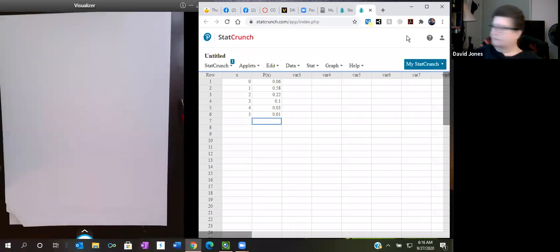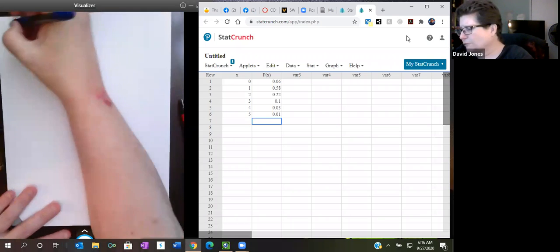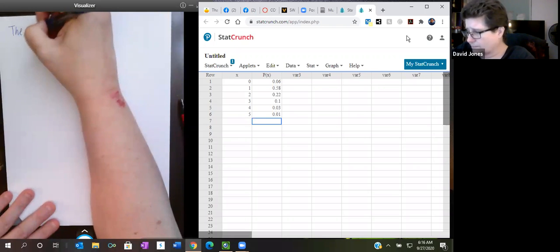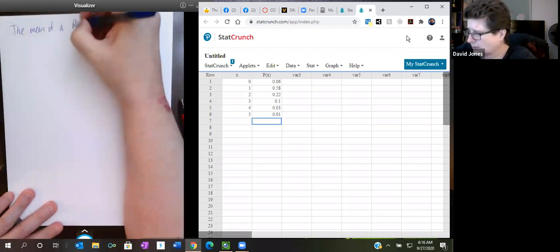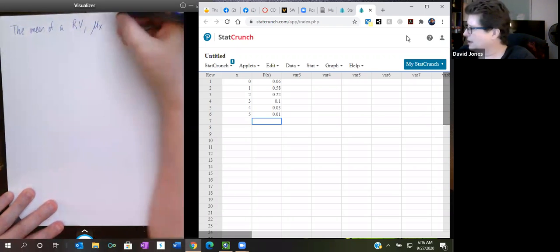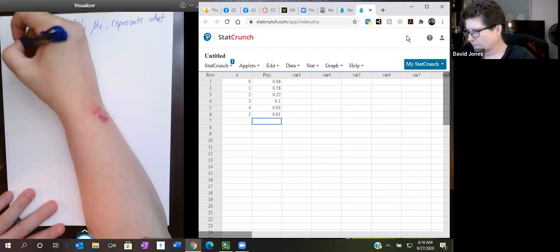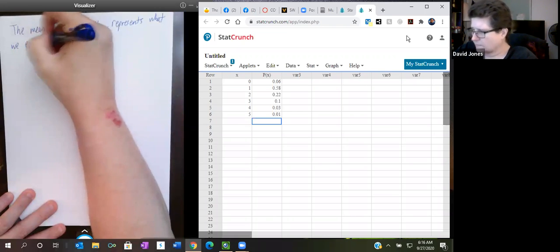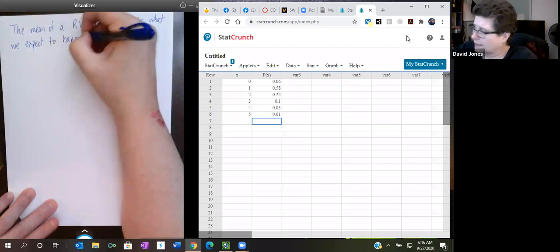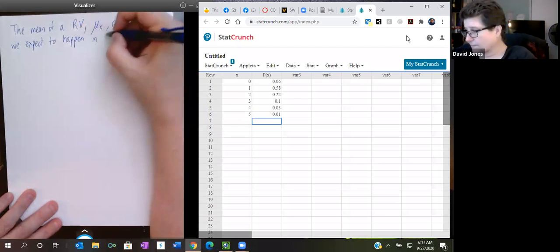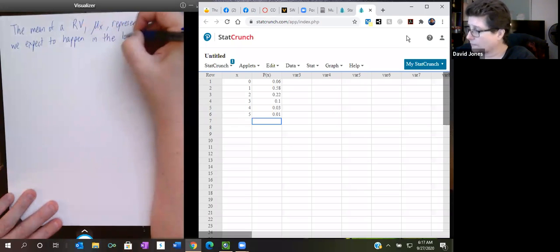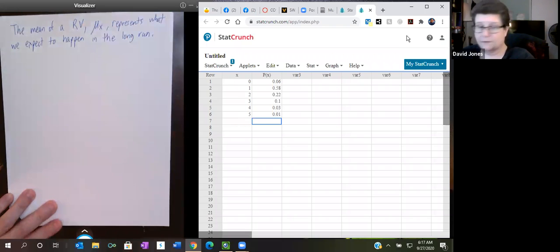The mean of a random variable, mu of x, represents what we expect to happen in the long run. As n gets really, really big, the sample size approaches the population size.